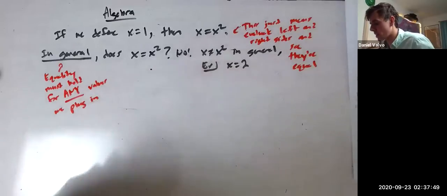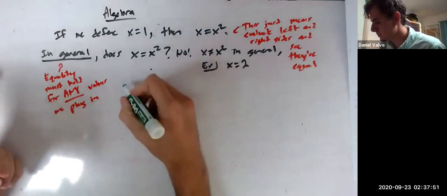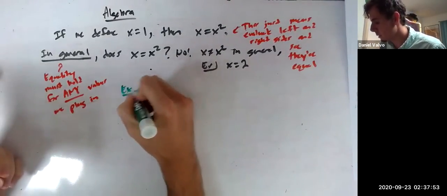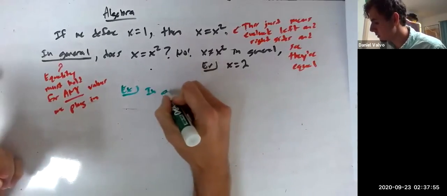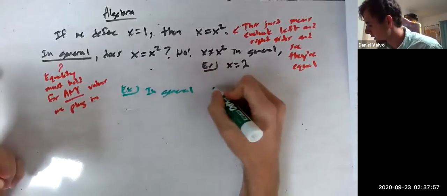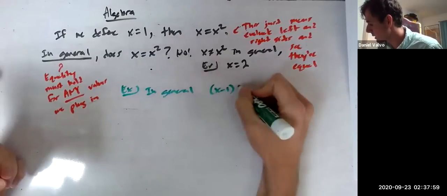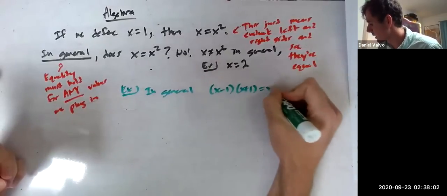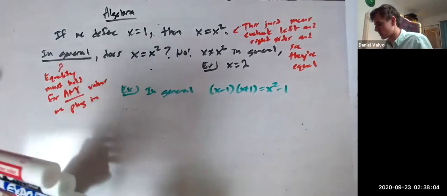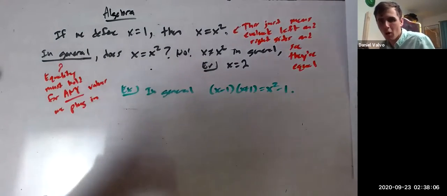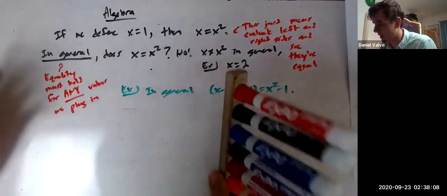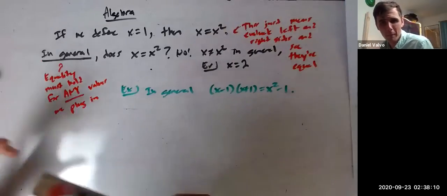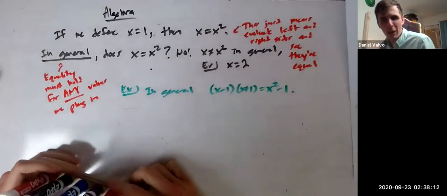An example of that in general: X minus 1 times X plus 1 does equal X squared minus 1, because it works for all possible X, not just some X you plug in, like X equals X squared. That makes sense, right?